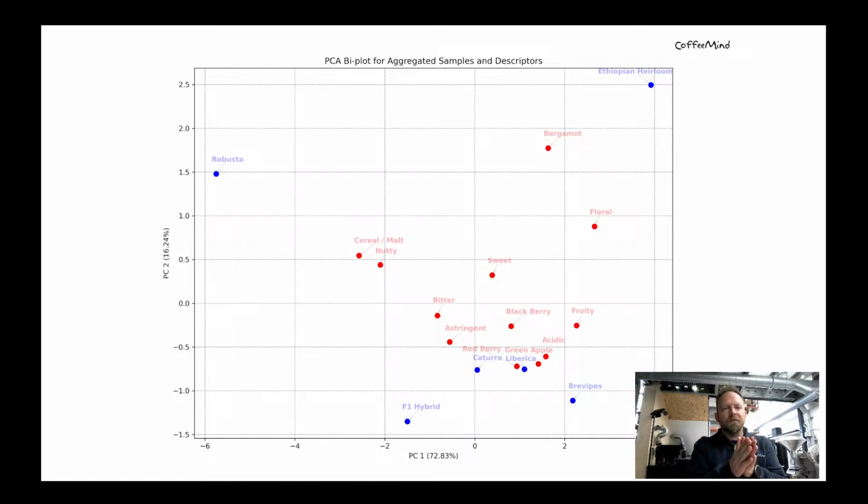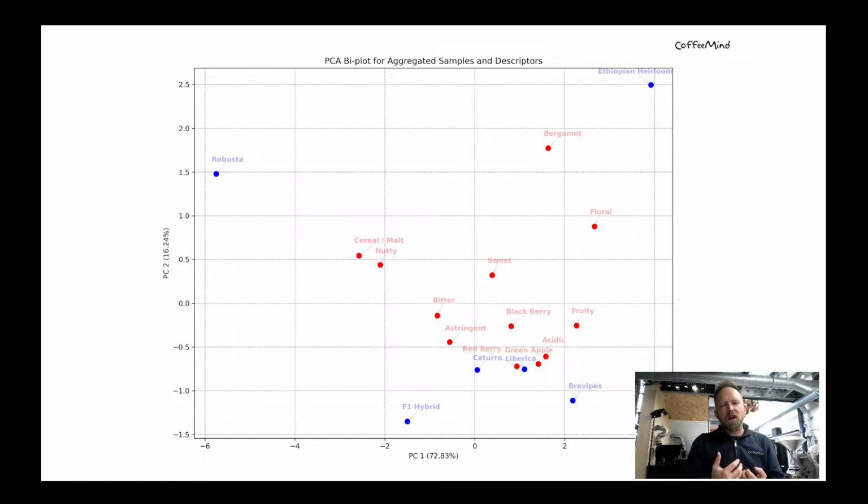So you can see, again, it's simple answers to simple questions. The question is, how does the coffee taste? And the coffees are the blue dots here. So you've got Robusta, F1 Hybrid, Caturra, Liberica, Brevibus, and Ethiopian Heirloom. That's the sample. So the question is, how do they taste?